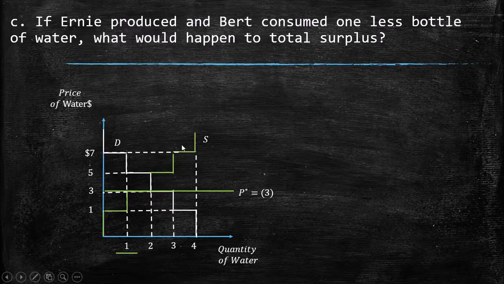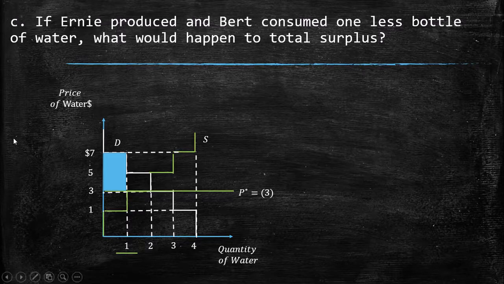And Bert, instead of consuming 2, he will consume 1. So what is going to be the price? In this case, I'm going to put the price at 3. Okay? So what happened at this price?